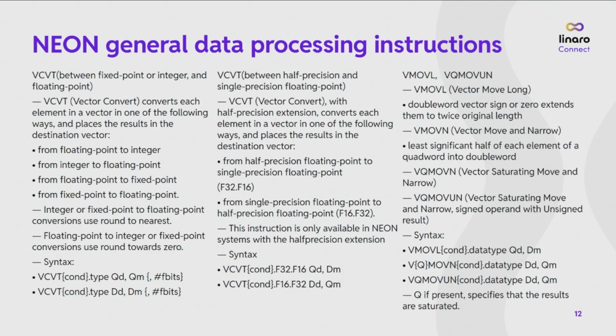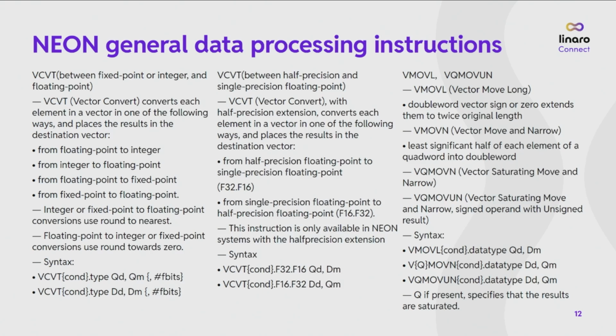Here we have some examples of the NEON general data processing instructions, like for instance vector convert between fixed point or integer and floating point. We can see some examples of the instruction syntax at the bottom left corner.